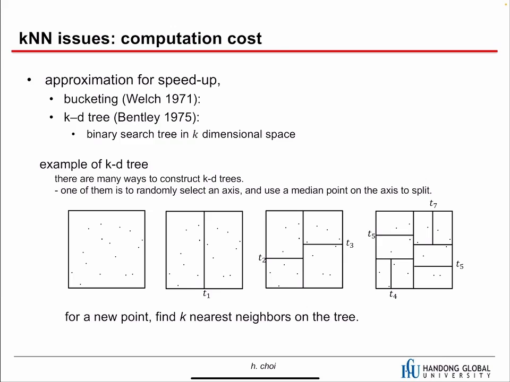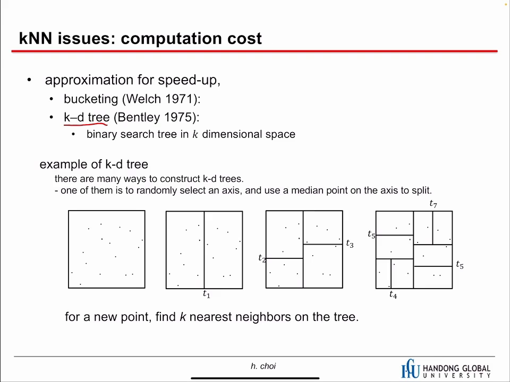There are a couple of approaches, and the KD tree is the most popular. Let me explain the idea of this KD tree. Basically, a KD tree is a binary search tree in k-dimensional space. I think you know what a binary search tree is. You learned this from data structures, okay, good.